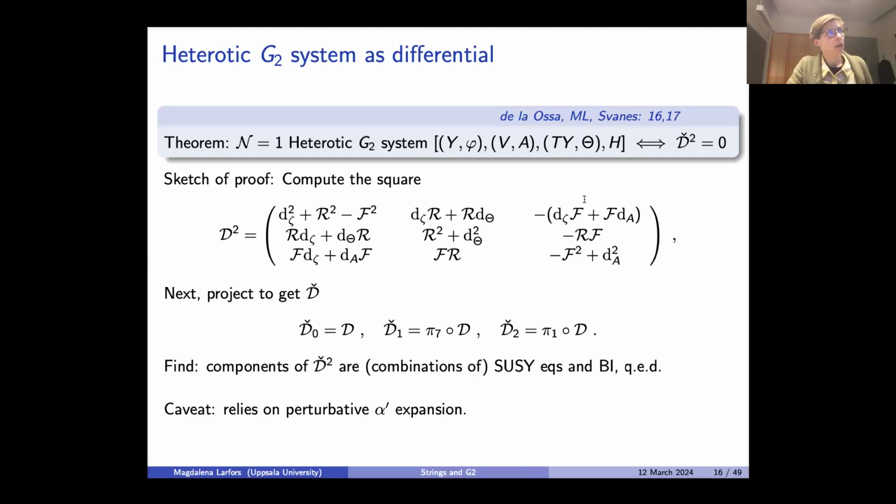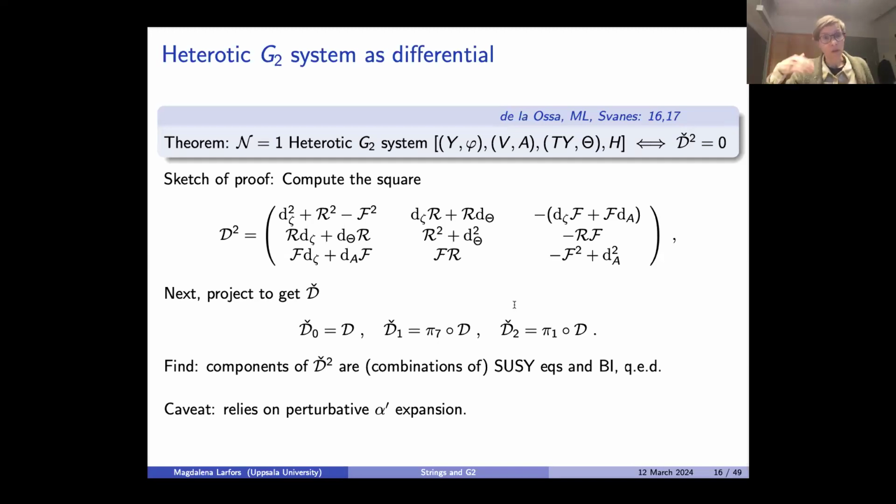Now, when we do this, this parameter alpha prime plays a particular role. From a physics perspective, the terms that are multiplied by alpha prime come from the first correction in a perturbative expansion in this parameter alpha prime.